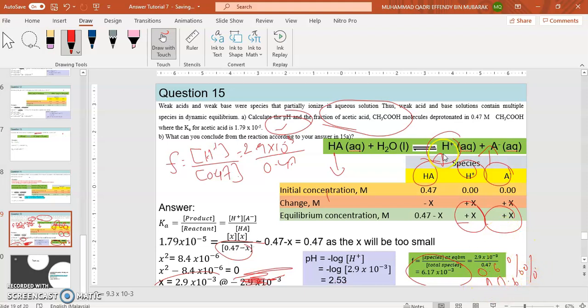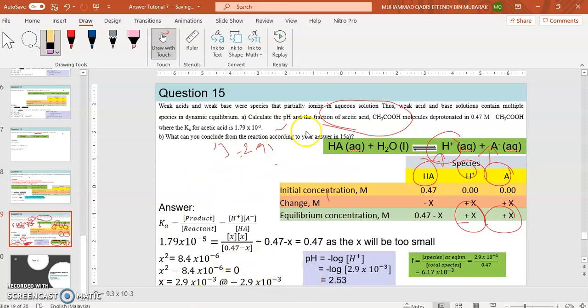That's why we call it a weak acid, because by definition, weak acid and weak base species are partially ionized in aqueous solution.